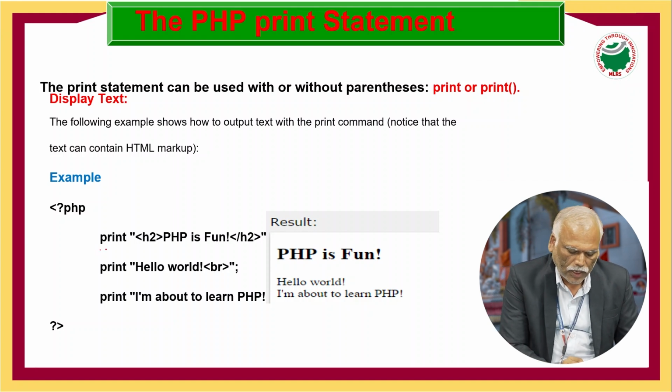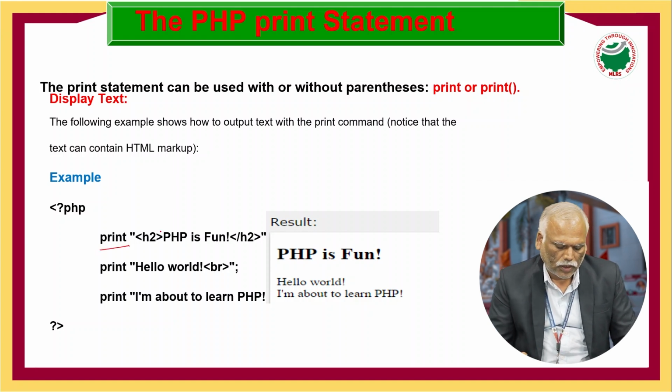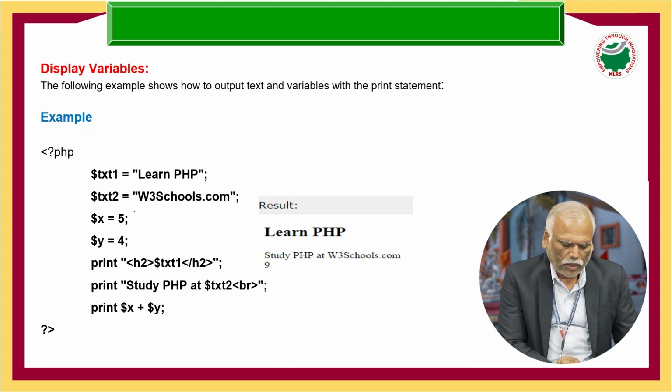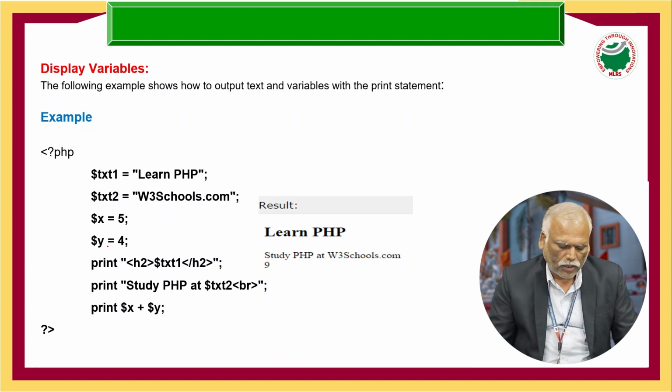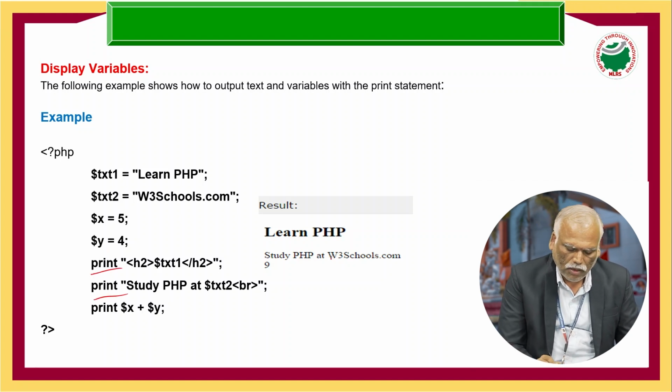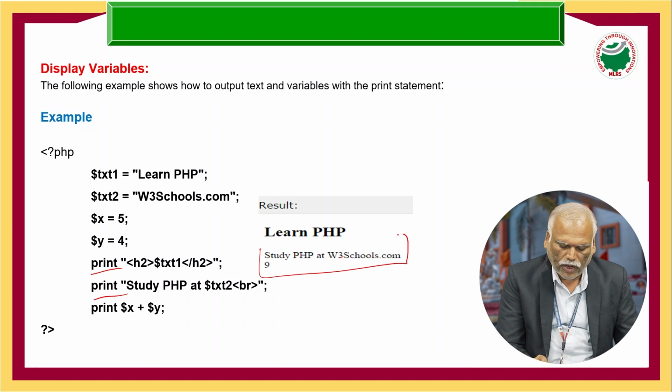We use print with double quotes, where the variables and values can be displayed. This is an example of using output text and variable values. Text1, text2 and $x, $y are the declared values and can be used as part of the print statement to display in the output. This is how the value will be displayed.